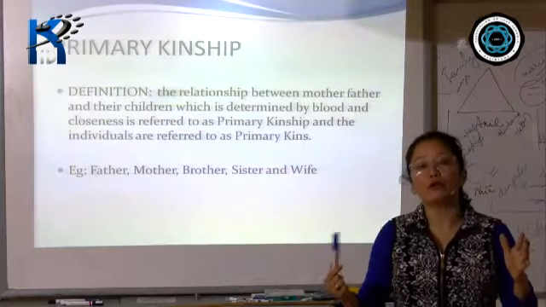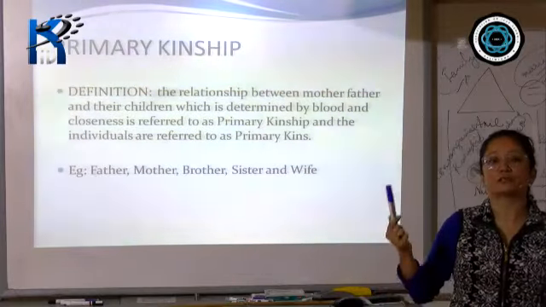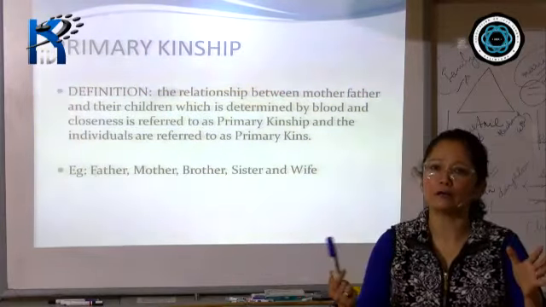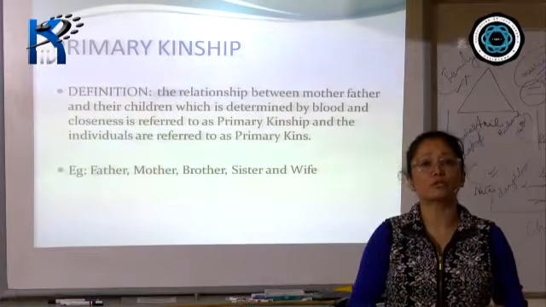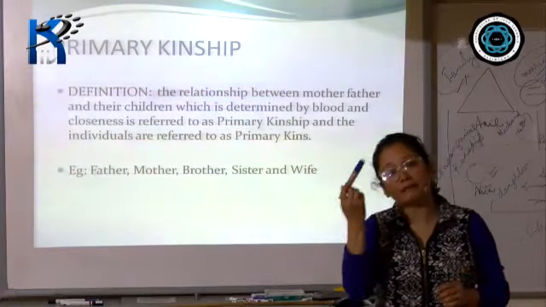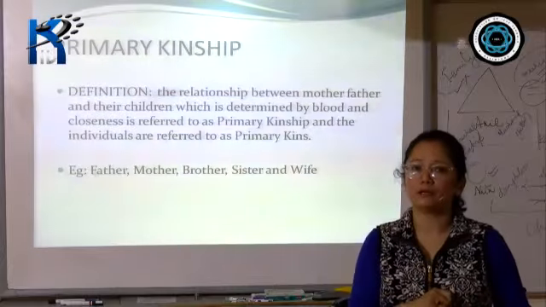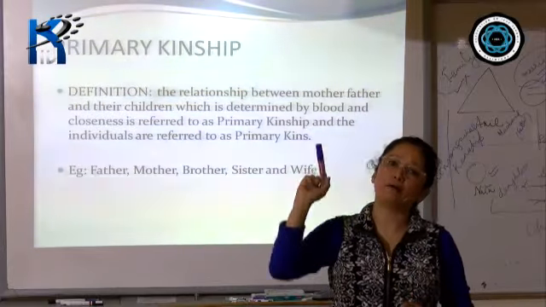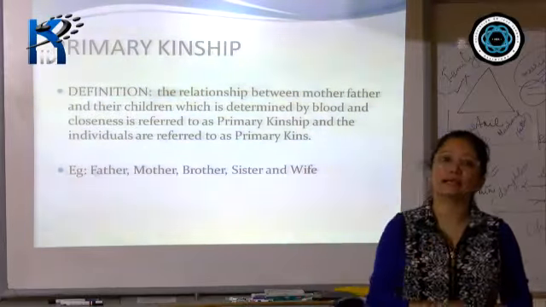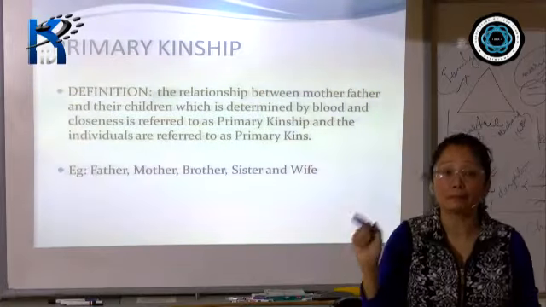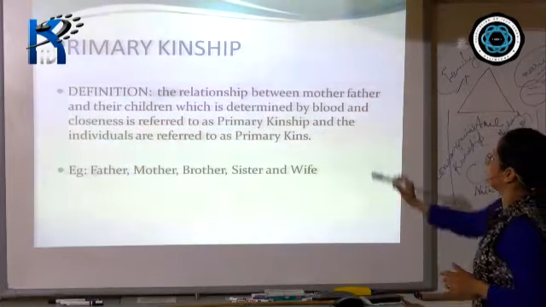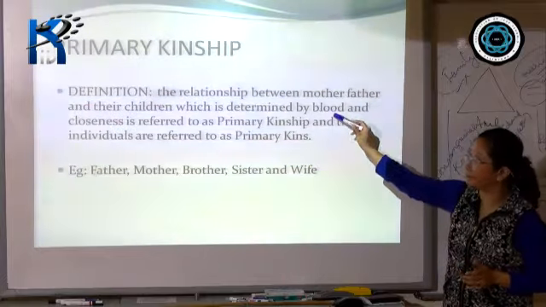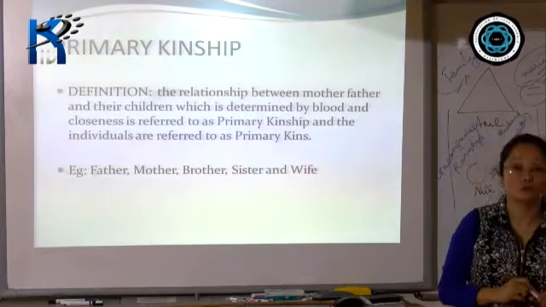But if you go with a certificate in hand or with a medal in hand or just announce that I've come first in this competition, you should look at their faces, how it lights up. How is it that when you are happy, they are over happy? And when you are sad, they are over sad. How does this happen? Because of this relationship determined by blood and also closeness.